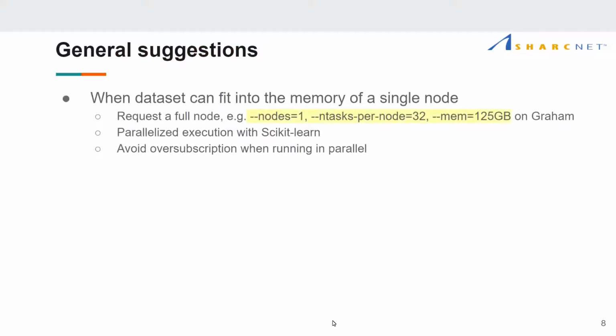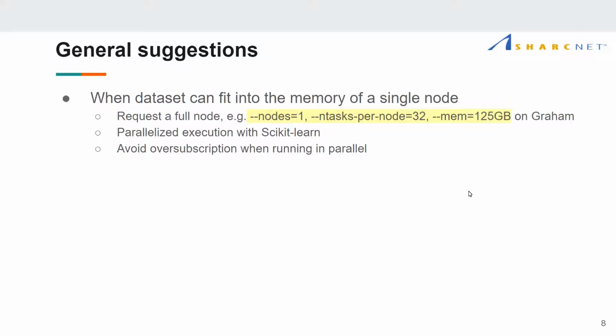So in general, when your dataset can fit into the memory of a single node, we strongly suggest you request a full node and do the parameter searching with Scikit-learn in parallel, and avoid oversubscription when running a parallel job on a single node. I also give an example of how to request a full node on Graham here.